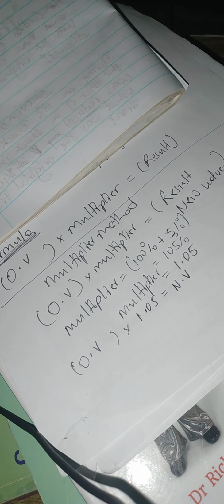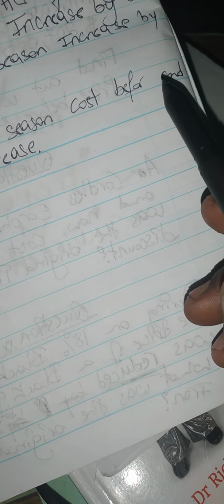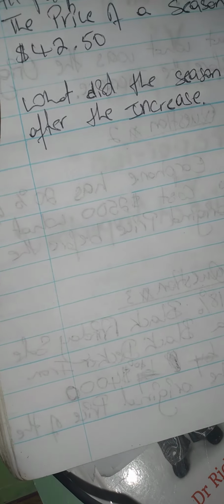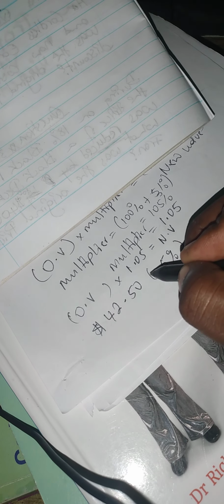So this is where you have to now rally back to the unitary method, in order to solve it, because they're asking you what did the seasoning cost before, which is the original cost, and after the increase. Now I need you to know that the 42.50 actually represents the increase on the item, which is the 5%.